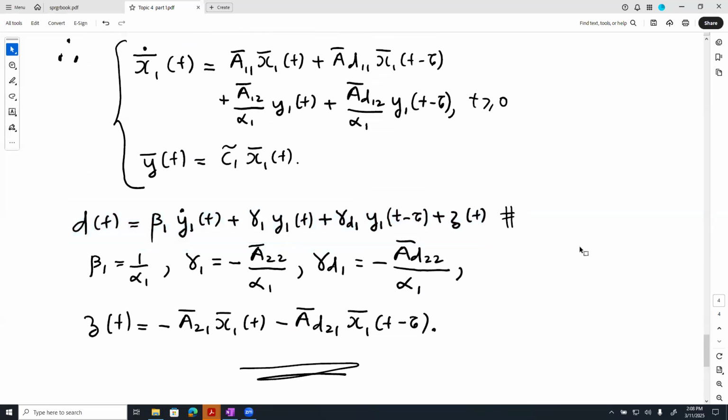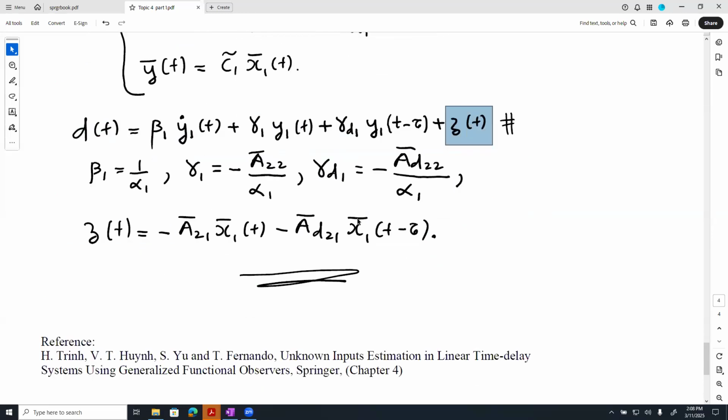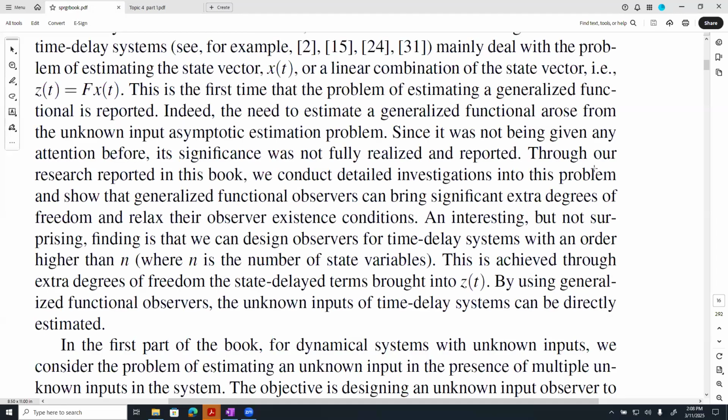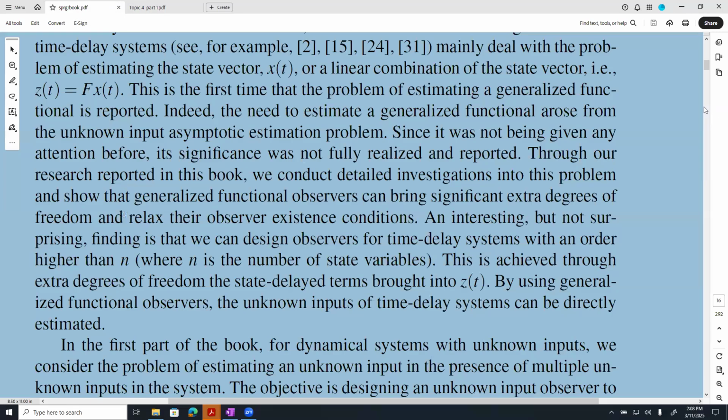Now, just a bit of a heads up. What we'll see is that the linear functional, the generalized functional, will no longer just include the term x bar 1 (t minus tau). It will also have x bar 1 (t minus 2 tau), for example.